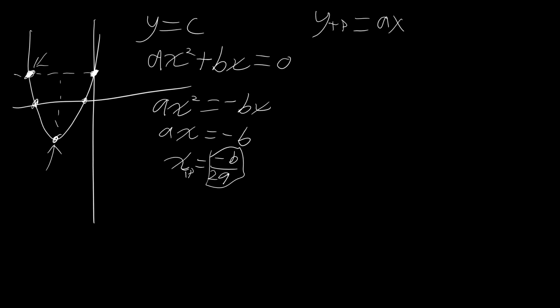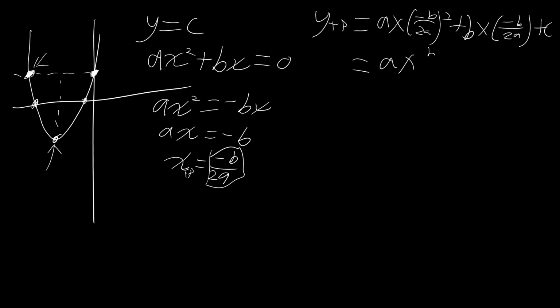So a times negative b over 2a squared plus b times negative b over 2a plus c equals a times b squared over 4a squared plus negative b squared over 2a plus c.